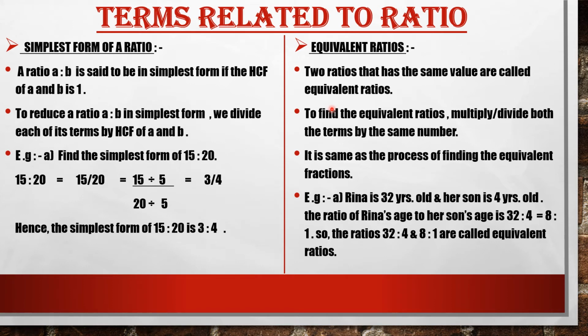Hence we can say that both the ratios 1:2 and 2:4 have the same value. Hence the two ratios can be called equivalent ratios. To find equivalent ratios, multiply or divide both the terms by the same number. It is the same as the process of finding equivalent fractions.